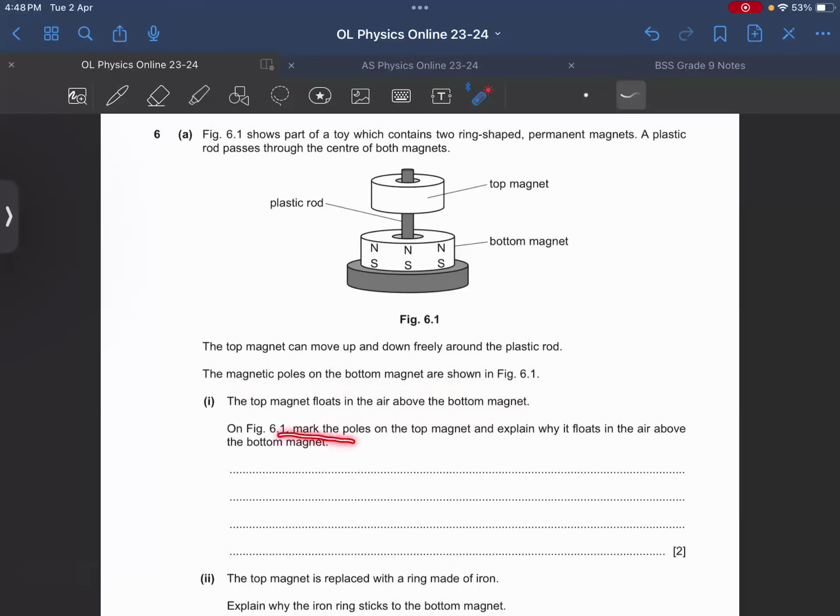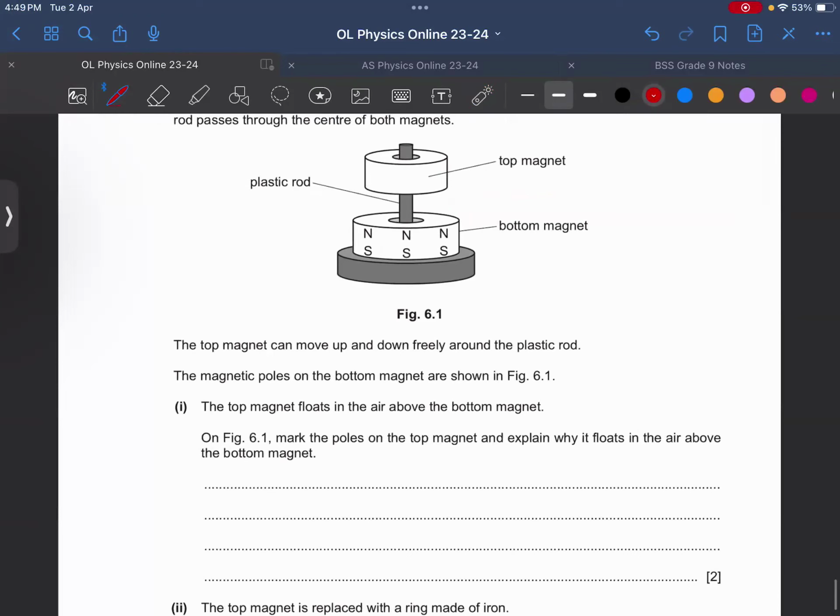On 6.1, mark the poles on the top magnet and explain why it floats in the air above the bottom magnet. You know that if these are both magnets, they could attract or they could repel. If instead of a magnet it were an iron ring, I know this would just attract. That's how induced magnetism works. But if both are magnets, they could attract or repel. Both possibilities exist. If they are not sticking, it necessarily means they must repel.